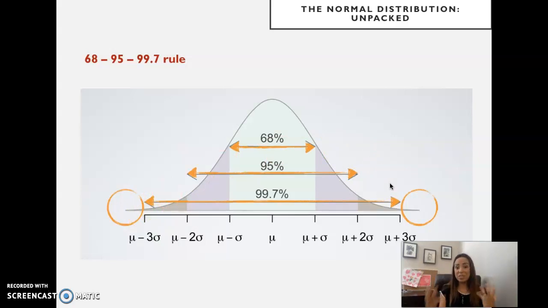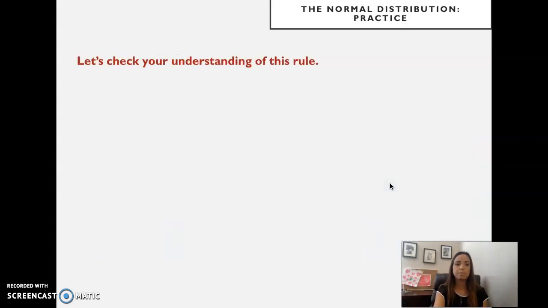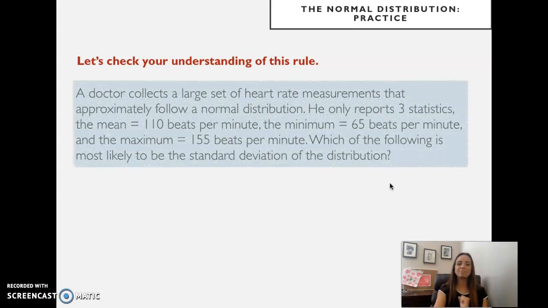So given that we know these things, it helps us know the likelihood that a particular score has, right? And how the score is located with respect to the mean. So let's first check our understanding of this rule, and then we'll get back to the problem, I promise.